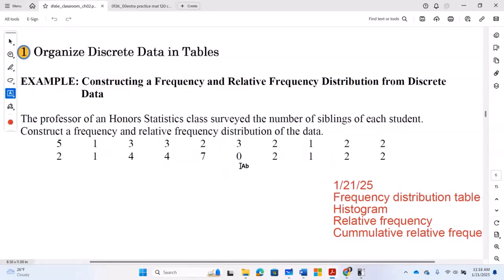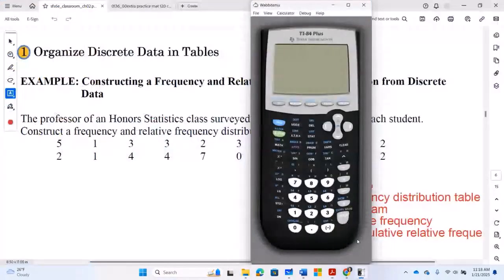If I really don't want to eyeball it, I'll go to my calculator, and it's already in my L1. You see this data is already in L1, but it's not arranged in ascending order. So let me arrange this data in ascending order.